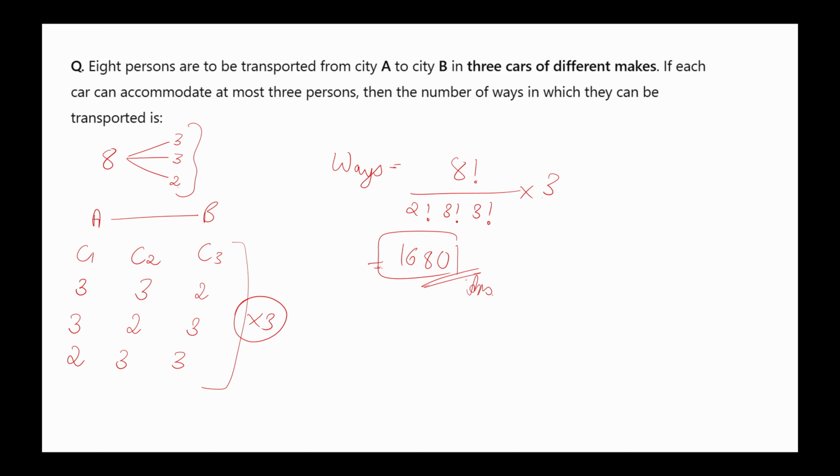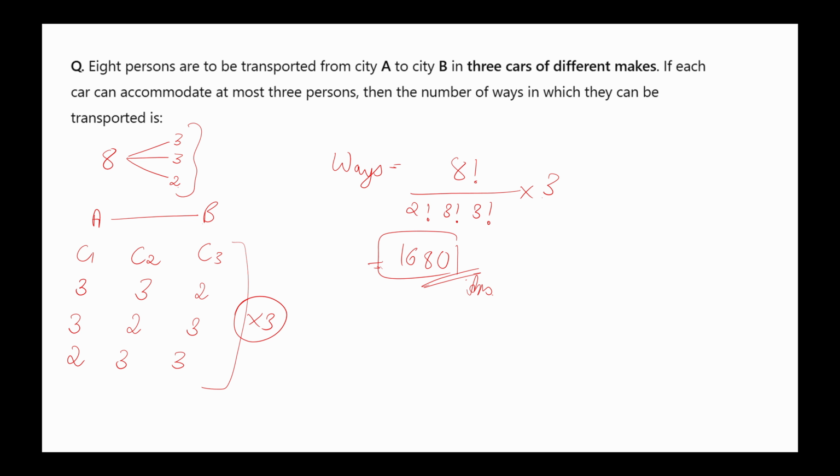I'll repeat it again. First of all, there were 8 people. I had to distribute them in 3 groups, where one group had 3, the other group had 3, and the other one had 2. Now it is not fixed which group has 2 and which groups have 3. So now there are 3 different groups, out of which 2 have the same number of people.